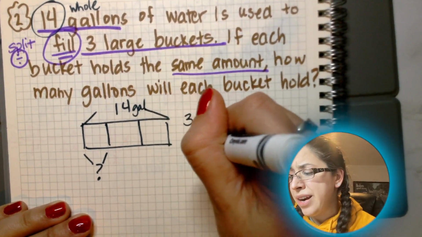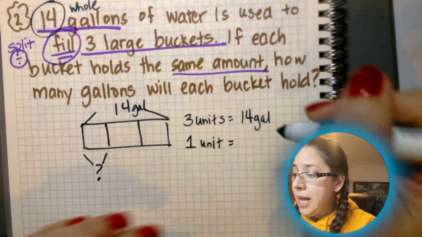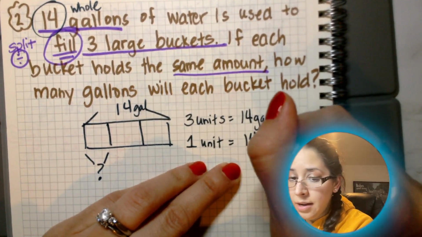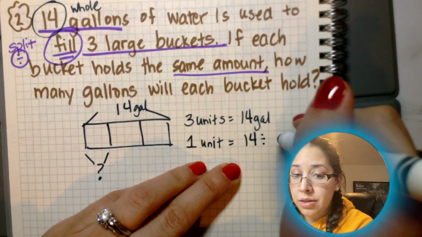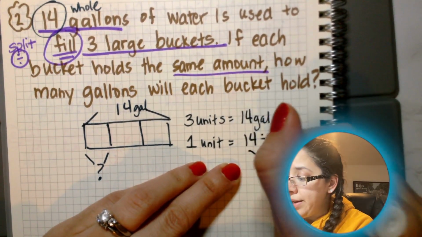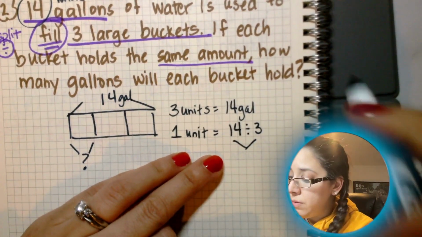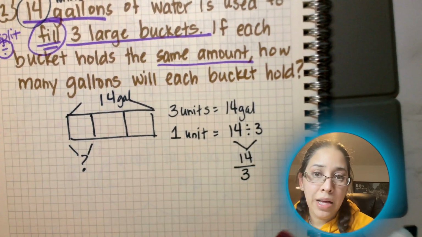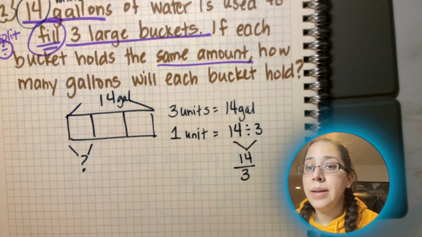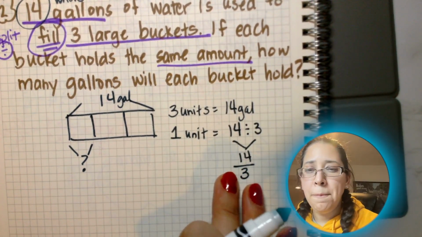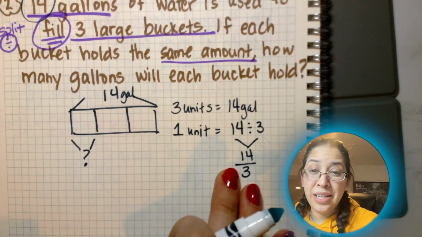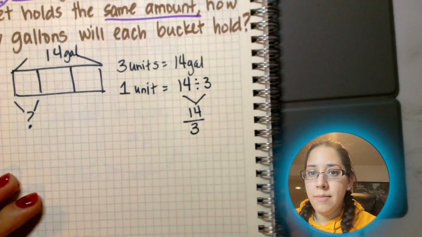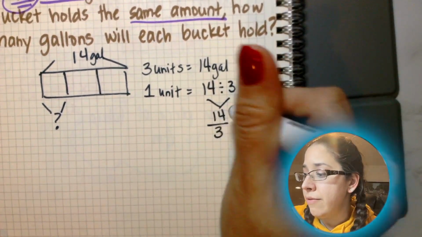If I'm trying to figure out 1 unit, I'm going to take that 14 gallons and I'm going to divide it by 3, which gets me to 14 thirds. You could leave it as an improper fraction, but honestly, in real life, we usually use mixed numbers.